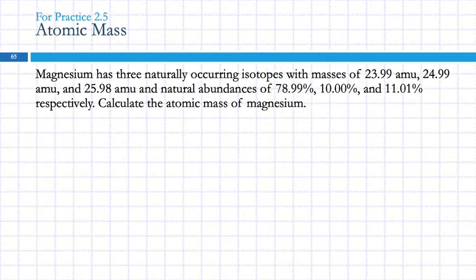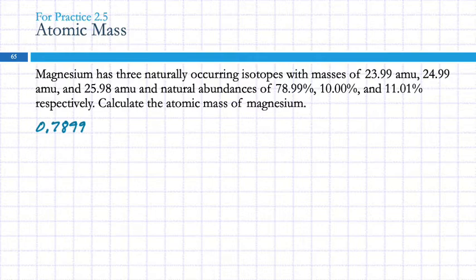So what we want to do is take the percentage and make it into a fraction, 0.7899, because 78.99% means 78.99 out of 100. If you divide that, this is what you get.